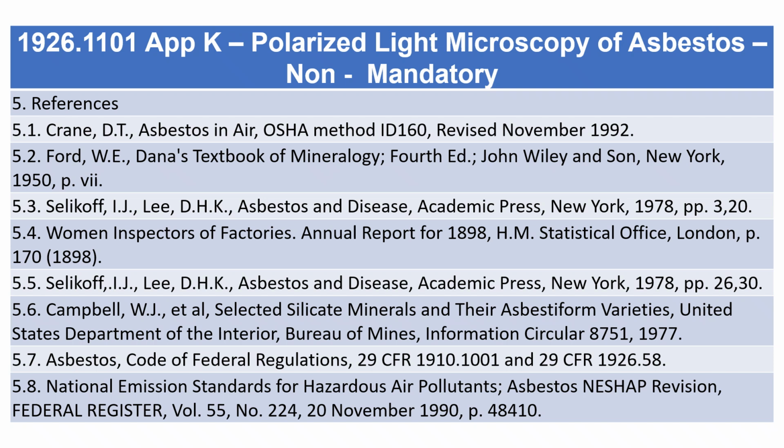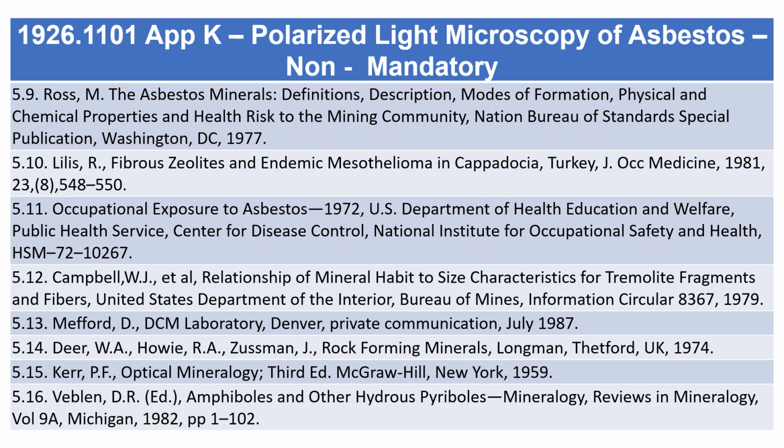Asbestos, Code of Federal Regulations, 29 CFR 1910.1001 and 29 CFR 1926.58. 5.8. National Emission Standards for Hazardous Air Pollutants, Asbestos NESHAP Revision, Federal Register, Volume 55, No. 224, November 20, 1990, p. 48410.